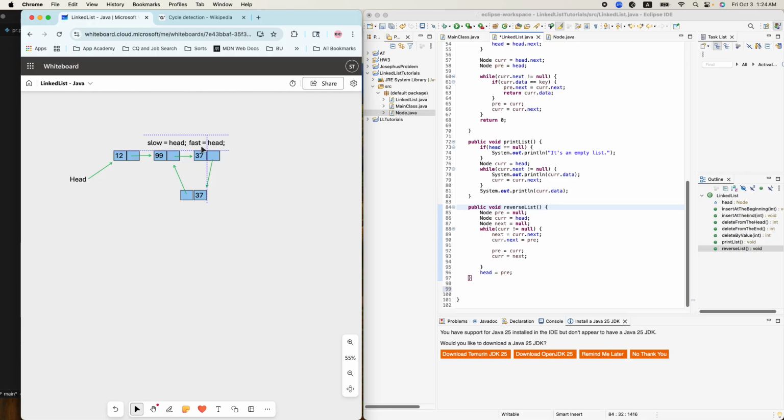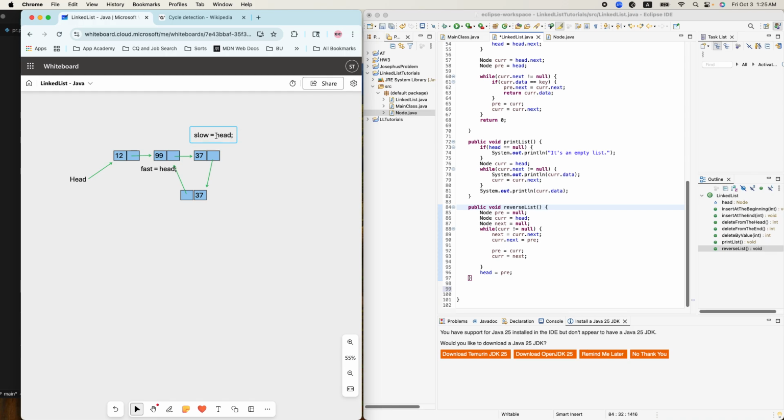When they start from the head, if the slow points to the second one, the fast points to the third one. Again, when they move forward, the next time the slow comes here and the fast goes ahead two nodes, it comes here and here.